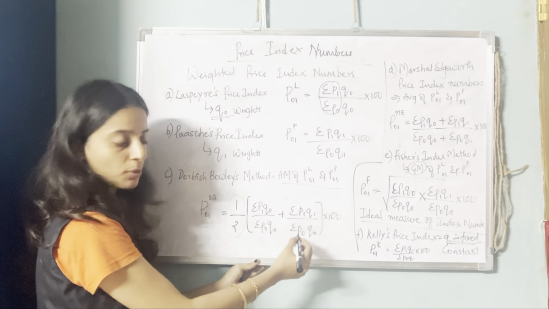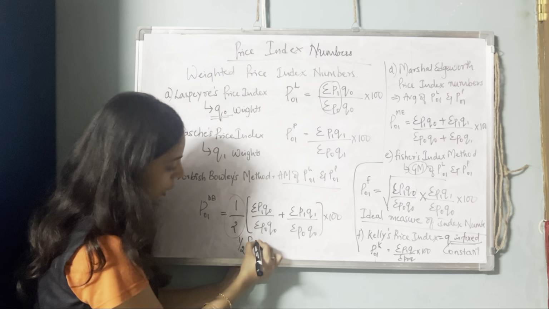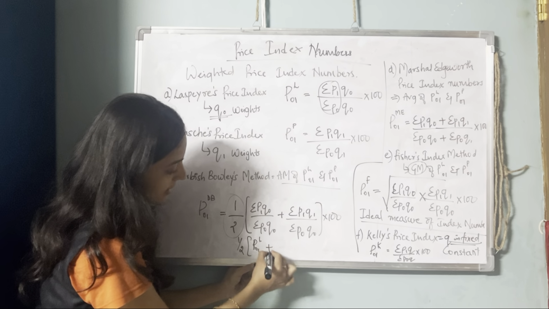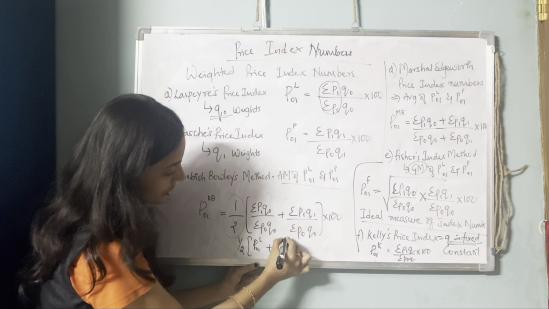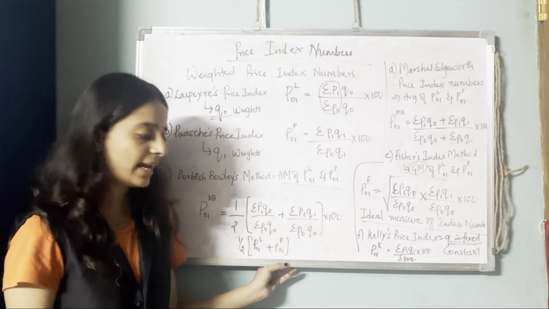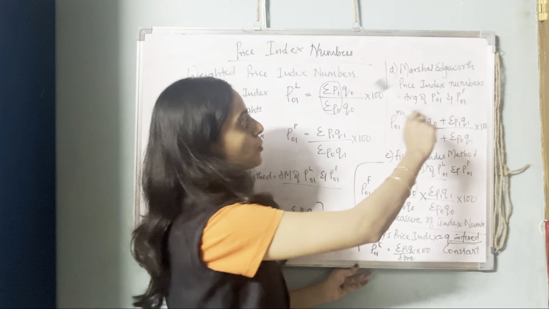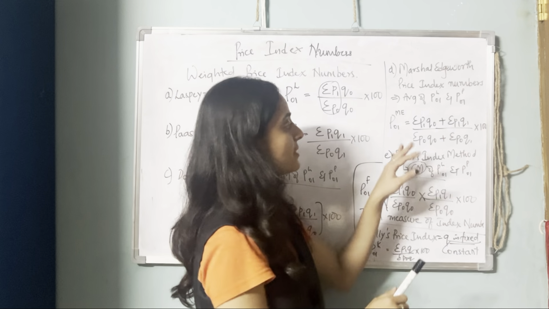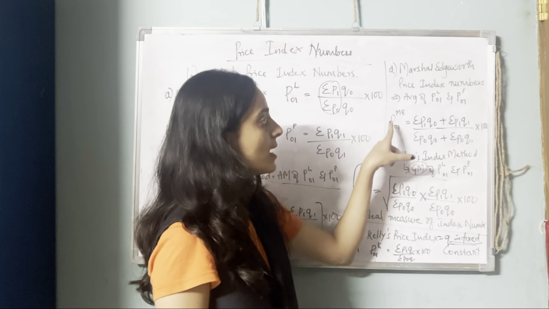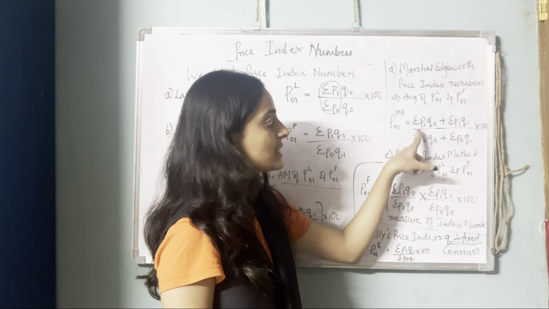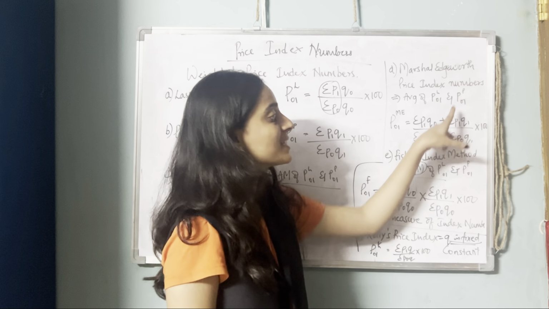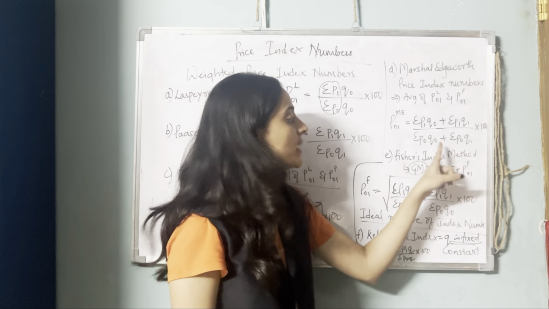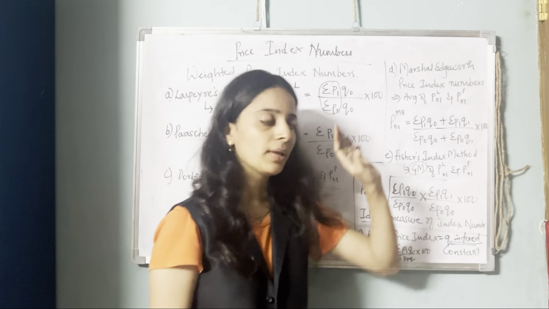This is in short also written as 1 by 2 of the price index number of Laspeyres' plus the price index number of Paasche's. Next, Marshall Edgeworth, it is the average of Laspeyres' and Paasche's price index numbers. The formula stands as summation P1Q0 plus summation P1Q1, whole divided by summation P0Q0 plus summation P0Q1, into 100.